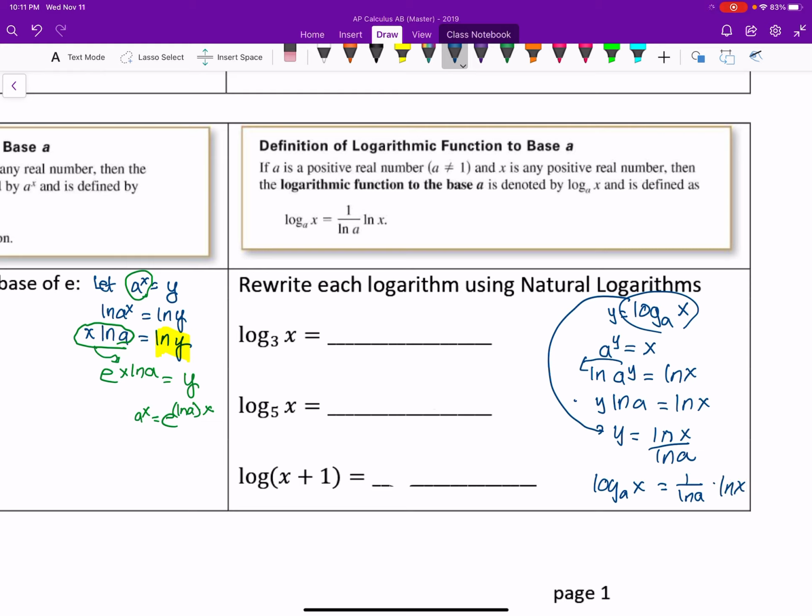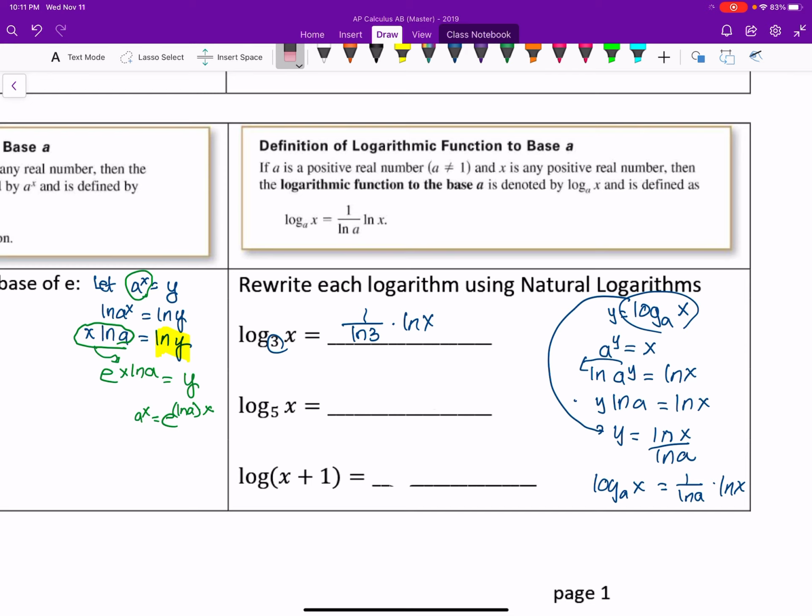And again, we know the derivative of the natural log of x, so that's why we're converting into the natural log of x. So using the change of base, then these two problems here, I could rewrite that as 1 over the natural log of this base here, 3, times the natural log of x. Or if you prefer to write it the natural log of x over the natural log of 3 also works.